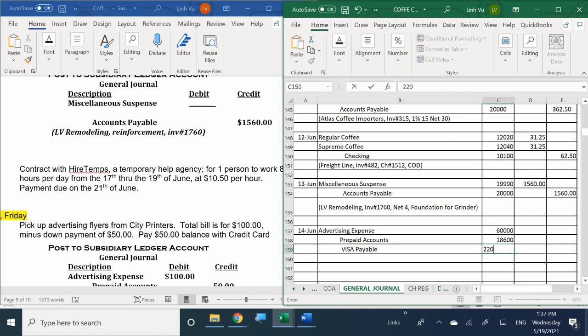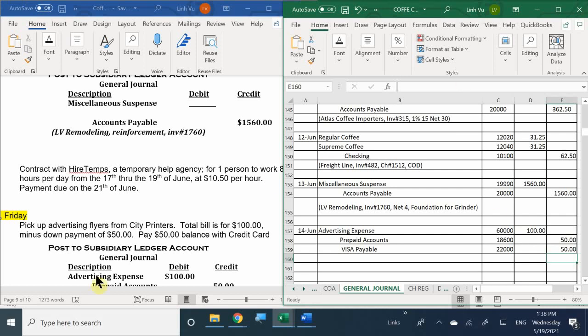We know the full amount of our advertising expense: 5 cents per flyer, and we ordered 2,000, so our total bill is $100. We made a $50 prepayment, so we pay the remaining $50 with our business credit card. Our debits and credits match because we're redeeming our voucher and paying the full amount of the advertising expense.